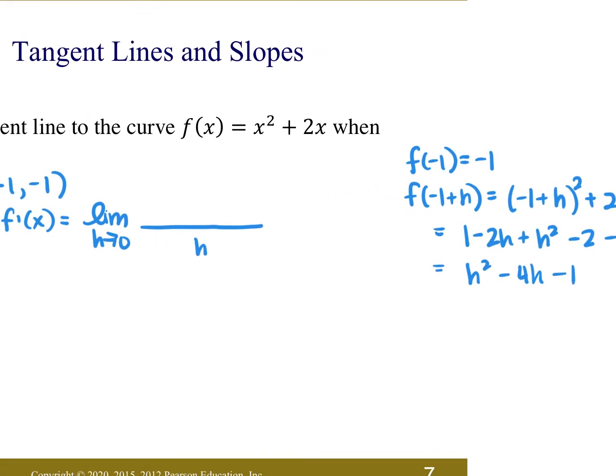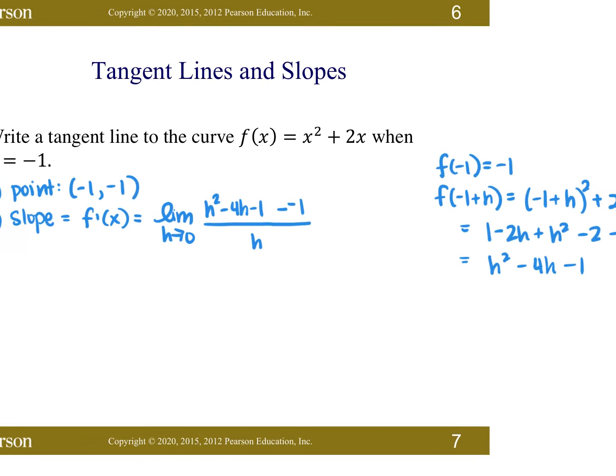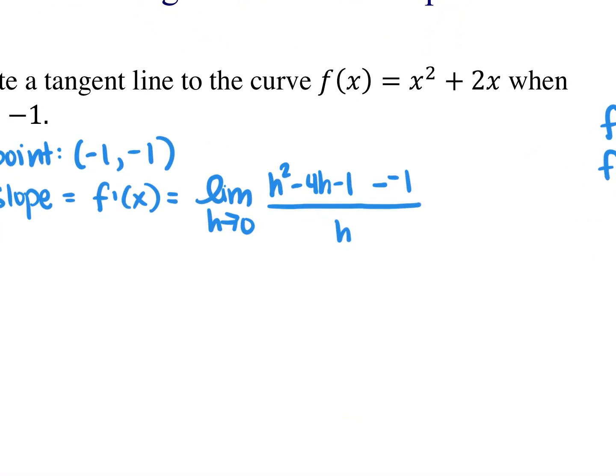So then I'm ready to create my numerator, which would have h squared minus 4h minus 1, and then minus the first value, so that would be minus negative 1. And we'll simplify by combining the like terms, which cancel out. So the minus 1 and the minus negative 1 cancel each other out. Factoring will give me h times h minus 4. And then I reduce.